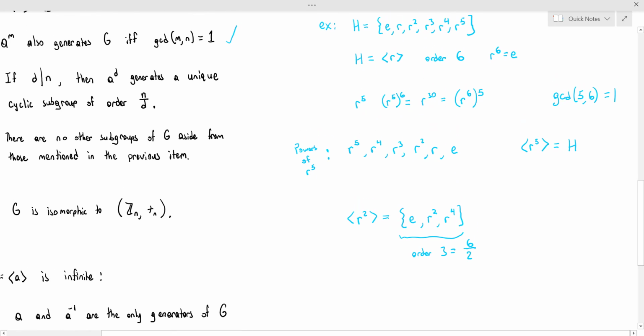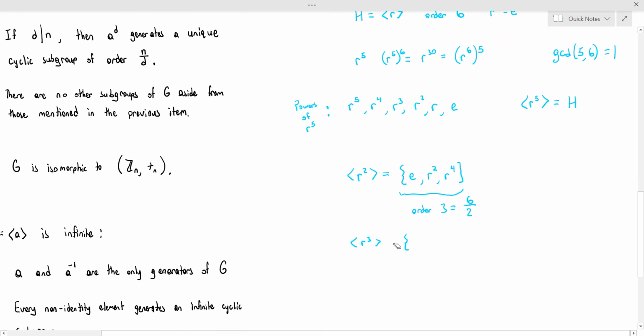Likewise, 3 is a divisor of n. So if we consider the cyclic subgroup generated by r cubed, we have r cubed, and then r cubed squared is the identity. After that, it'll just cycle back and forth between e and r cubed.